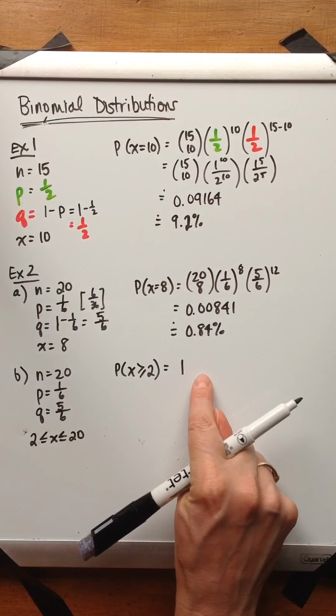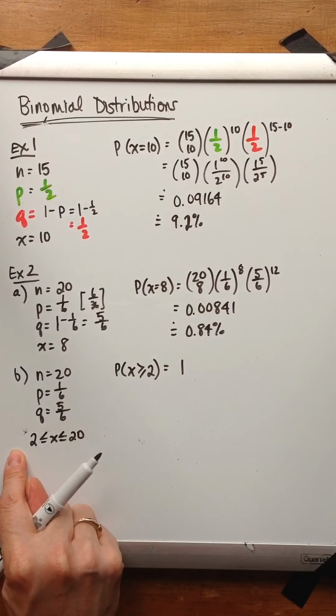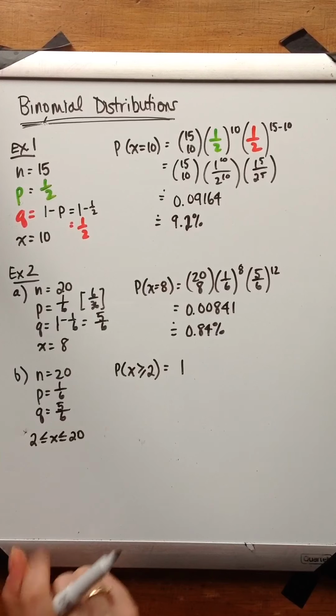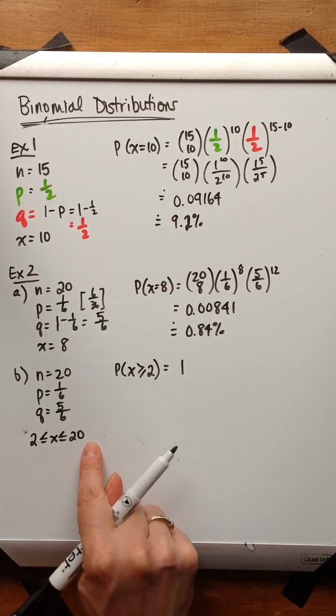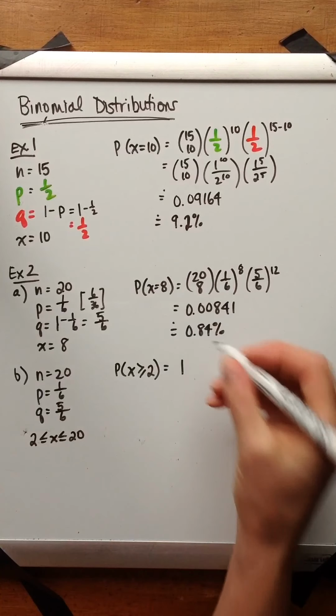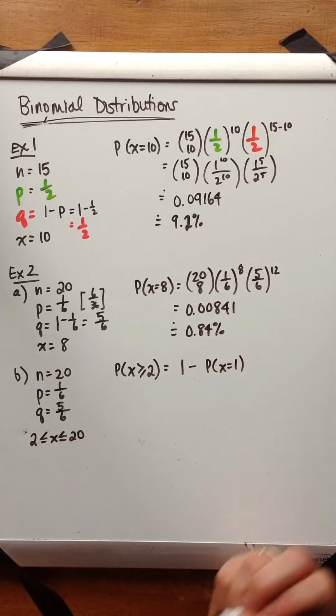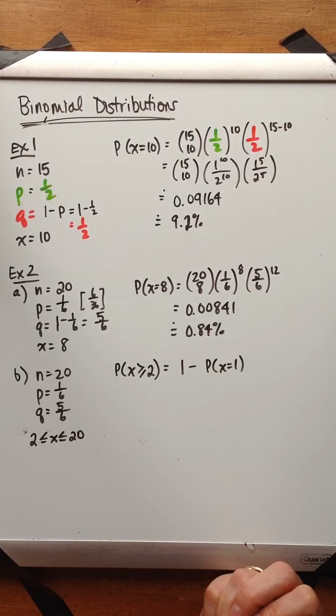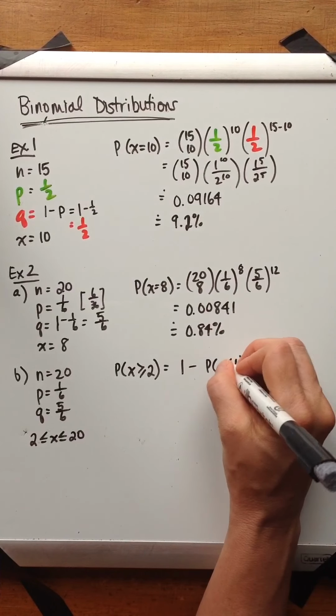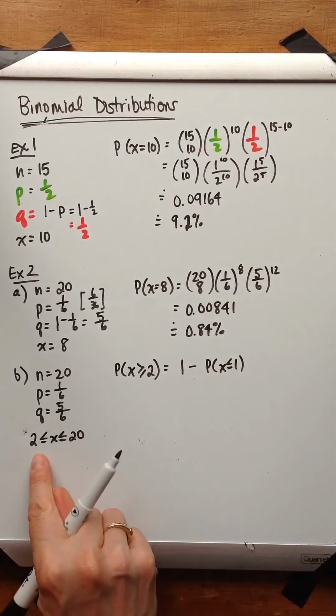The only scenario that isn't included is having 1 success. Otherwise, 2 successes through to 20 successes inclusive is included here. So let's subtract the probability when we only have 1 success. Okay? Sorry, less than or equal to 1 success.